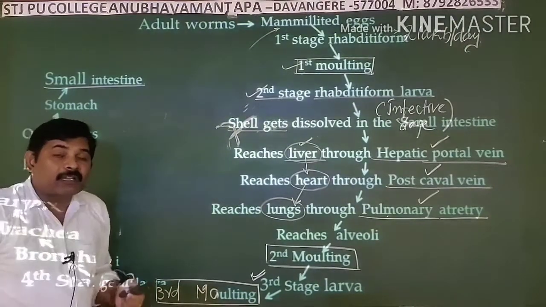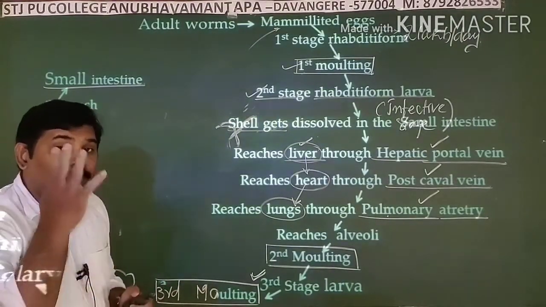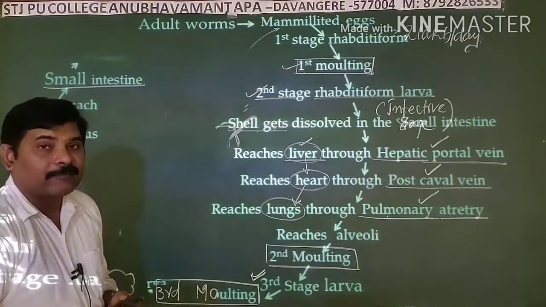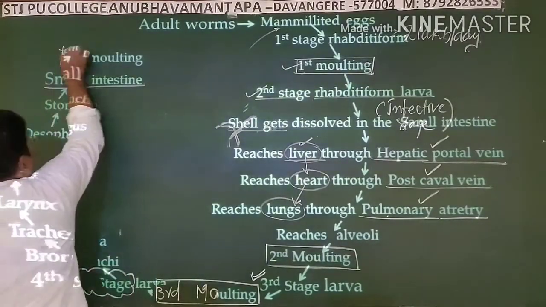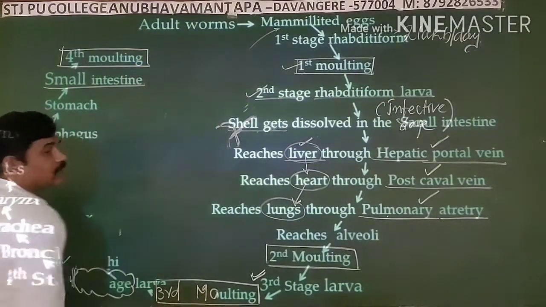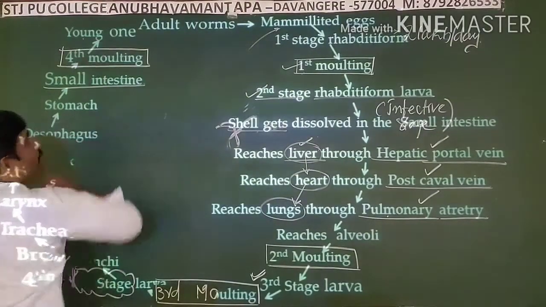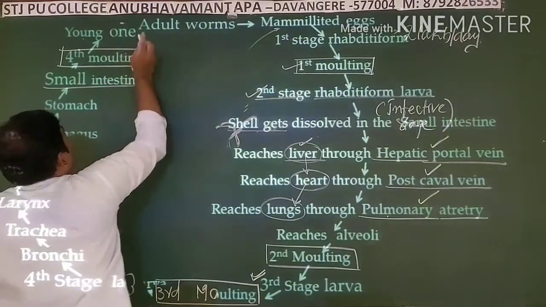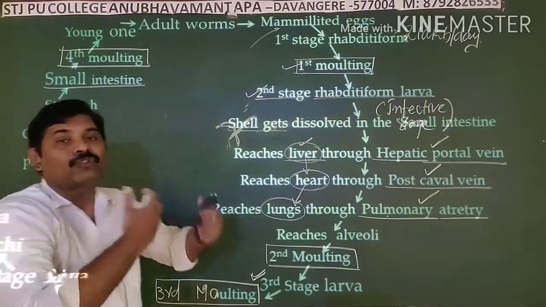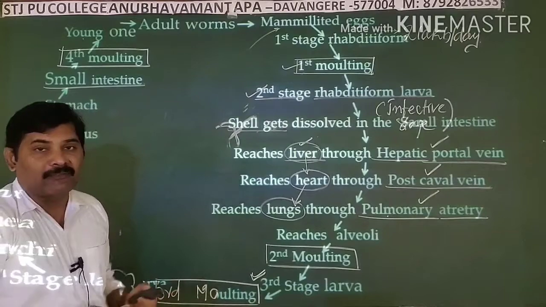Now within the small intestine, one more important bit: the fourth molting takes place in the small intestine. It results in the formation of young ones. Then the young one matures into an adult form.